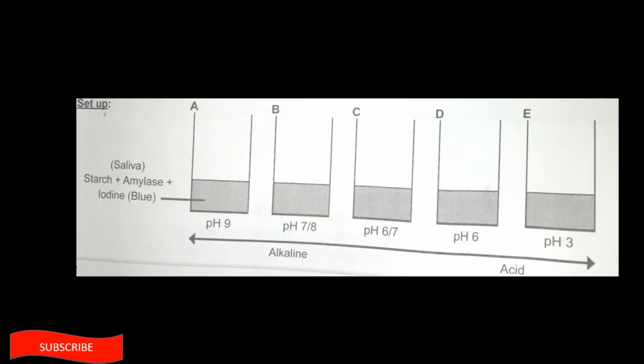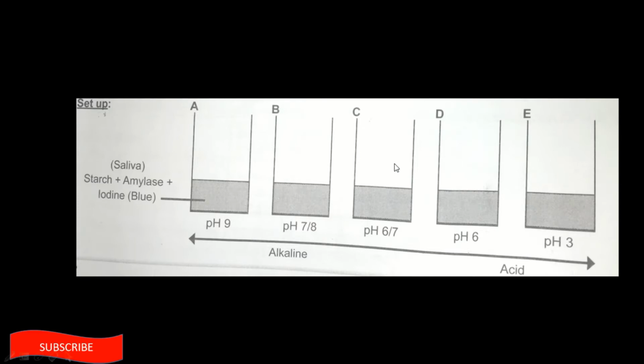Test tube C is subjected to a pH between 6 and 7. Test tube D is subjected to pH 6, and then E to pH 3.